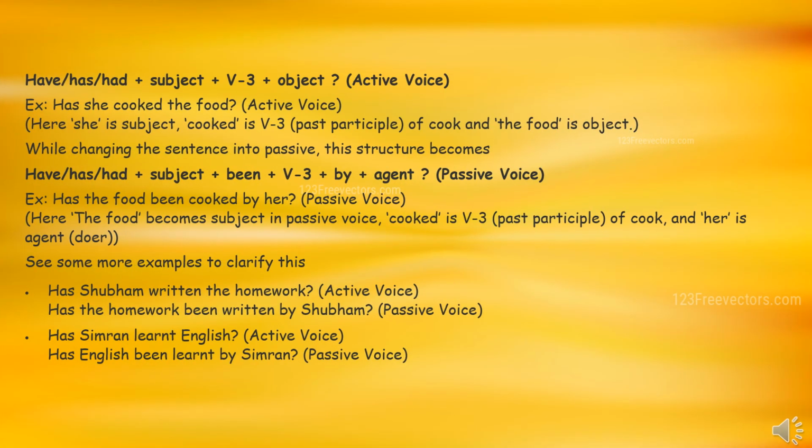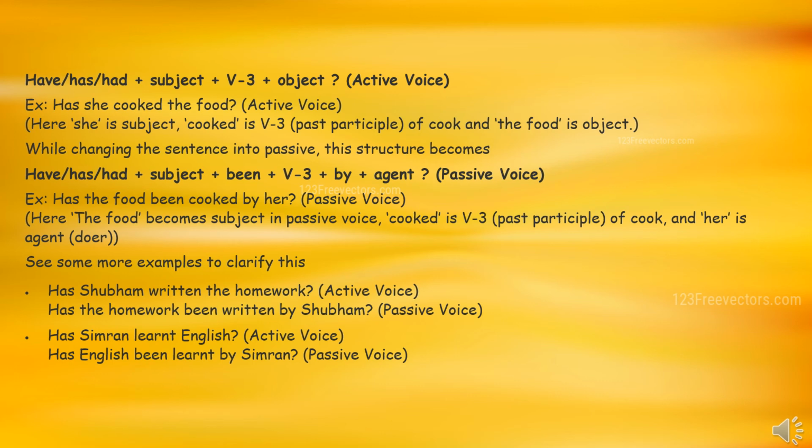Question sentences beginning with have or has or had follow the subject and third form of the verb and then the object. Example, has she cooked the food is in the active voice. Here she is subject, cooked is the third form of the verb, that is the past participle of cook, and food is object.